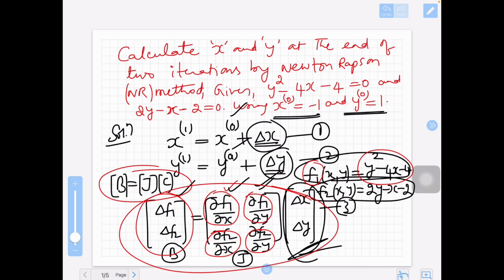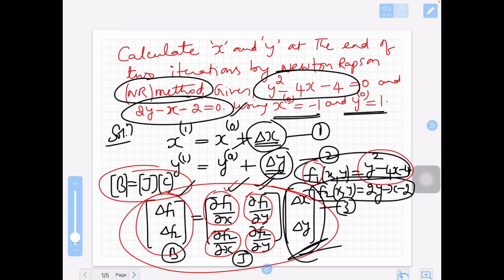But these two equations we have are nonlinear equations, not linear equations. So you cannot use the procedure of simultaneous equation solution. Here you have to use a nonlinear equation solution method, that is, the NR method. The NR method technique can be used to solve nonlinear equations.